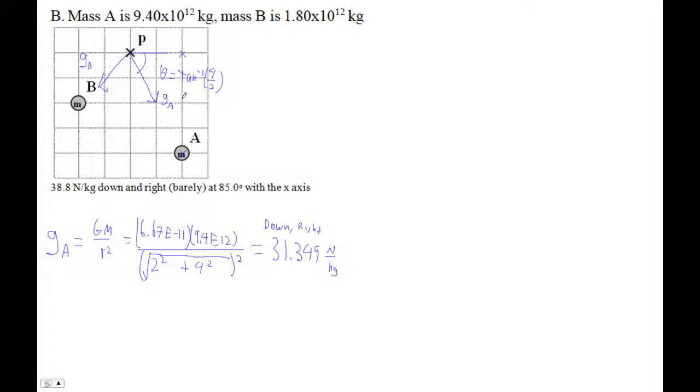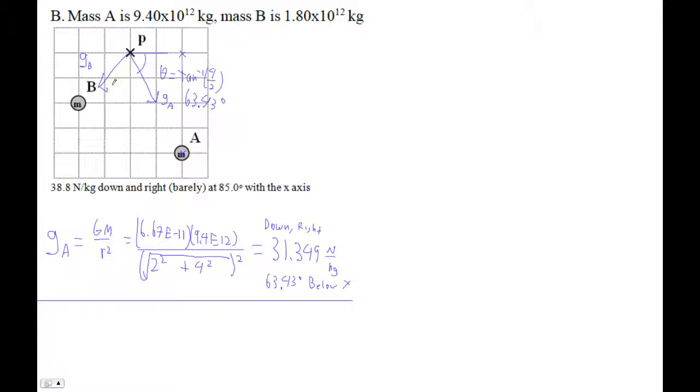That's 63.43 degrees. So many angles are 63.43 in these complicated times. So this is 63.43 degrees below the x-axis. All right, did we do that right? Seems like we did.